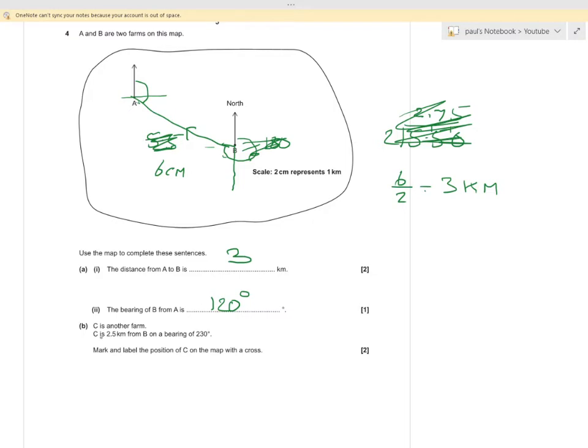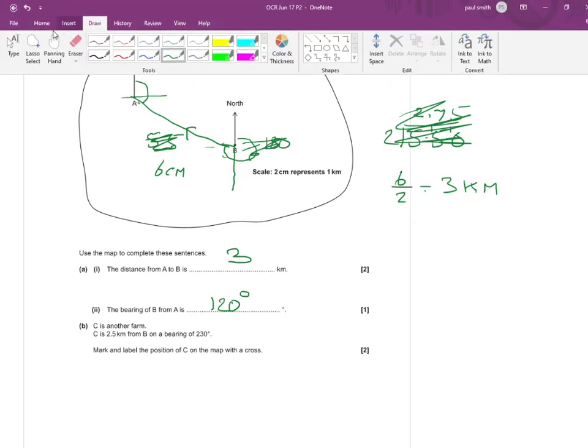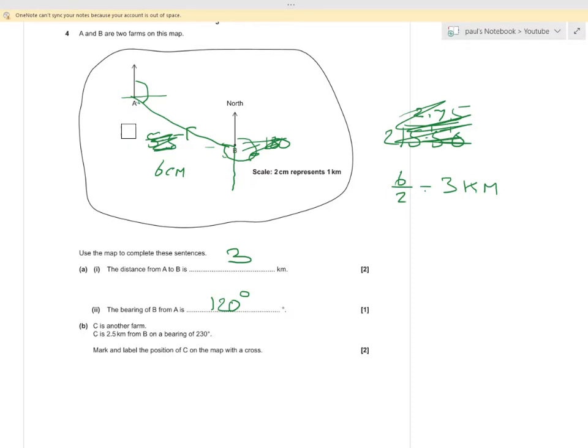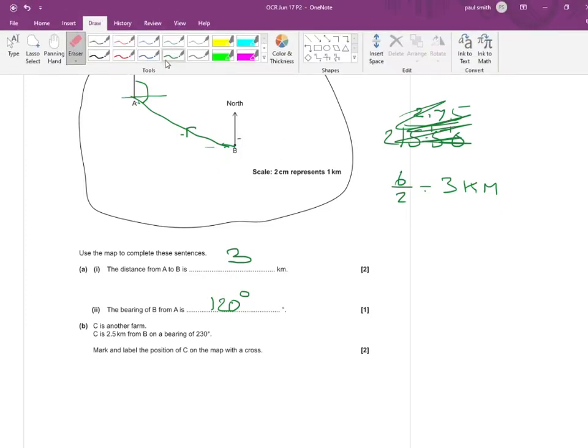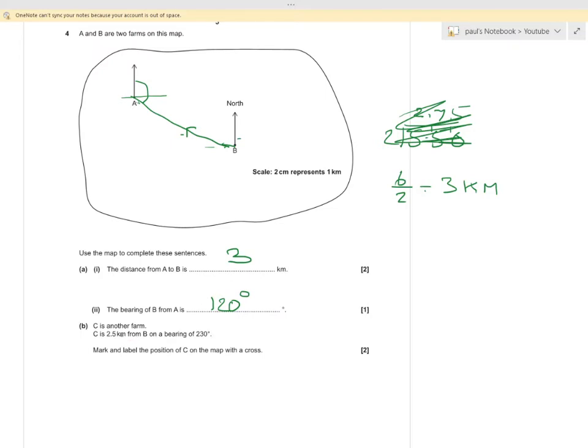C is another farm. C is 2.5 kilometres from B on a bearing of 230 from B. Right, so let's just wipe some of this out because it's got a bit messy there. Don't need that. Right, let's go to a different colour. Now, what we've got to do, C is another farm, 2.5 kilometres.